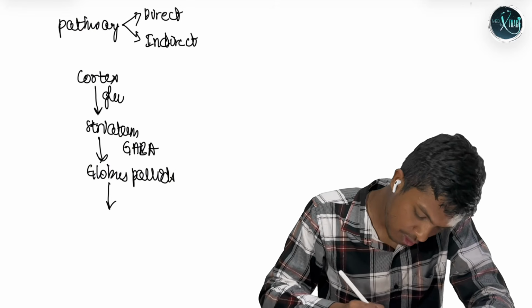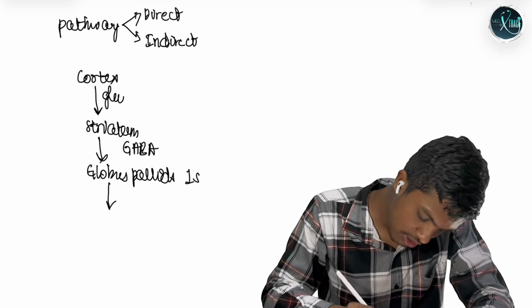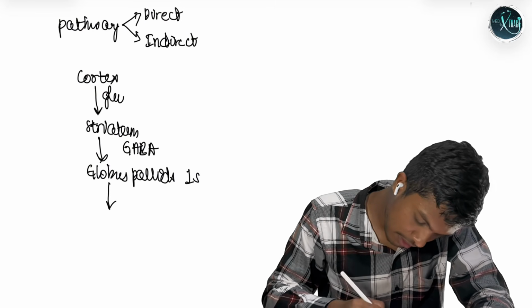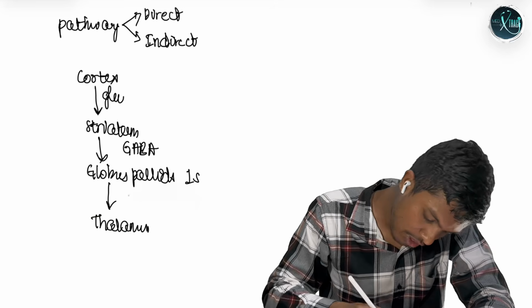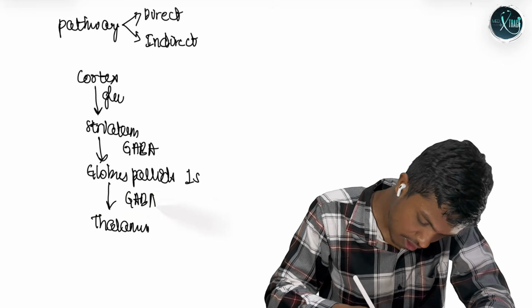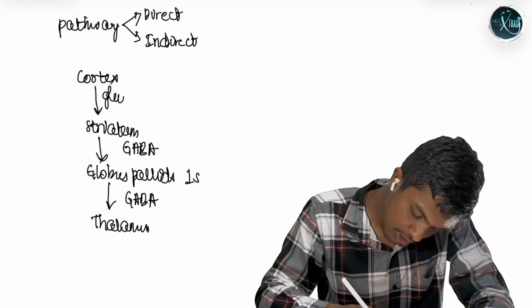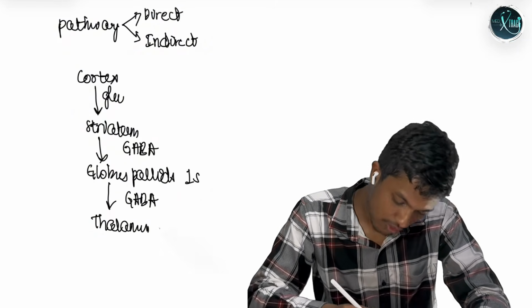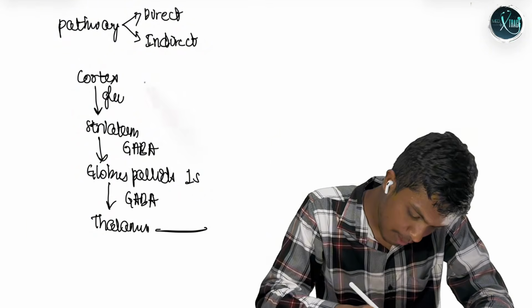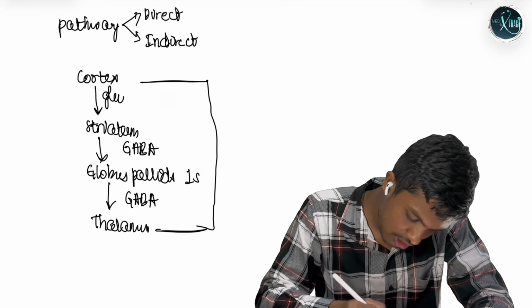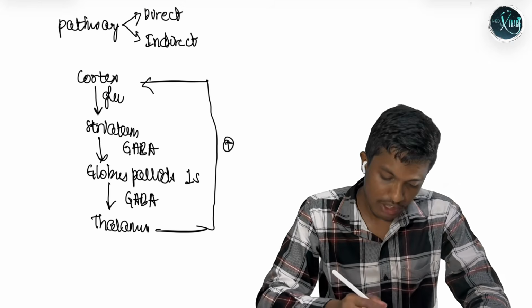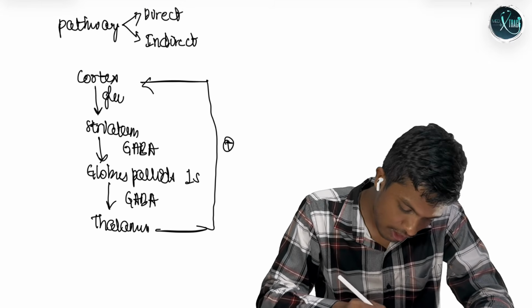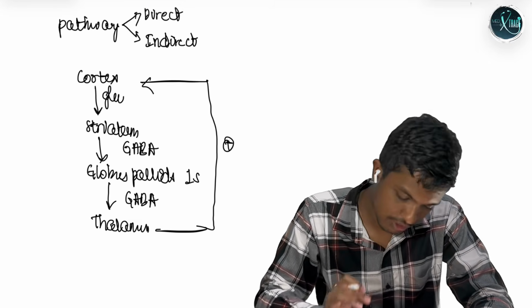Then from the globus pallidus internus to the thalamus via GABAergic neurons. Further, the thalamus signals to the cortex, which is stimulatory. There is inhibition of the inhibitory nerve signal.